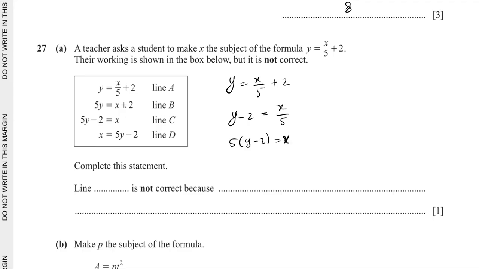Now what is the mistake he had made? The mistake he made is he just brought 5 to the left side already, and that does not make sense because you have to bring this 2 first and then the 5.